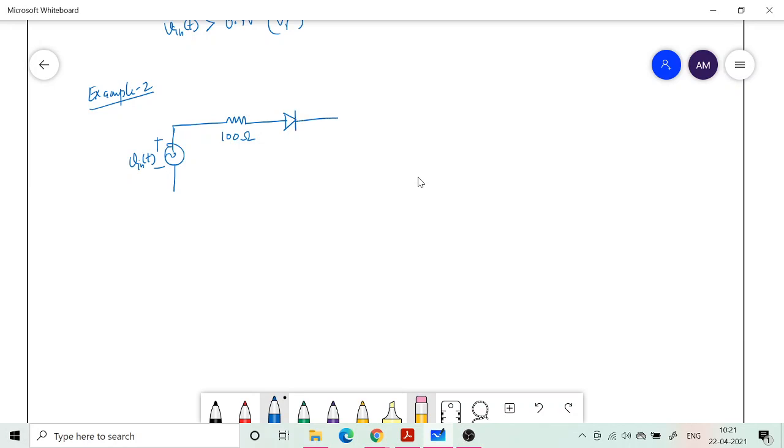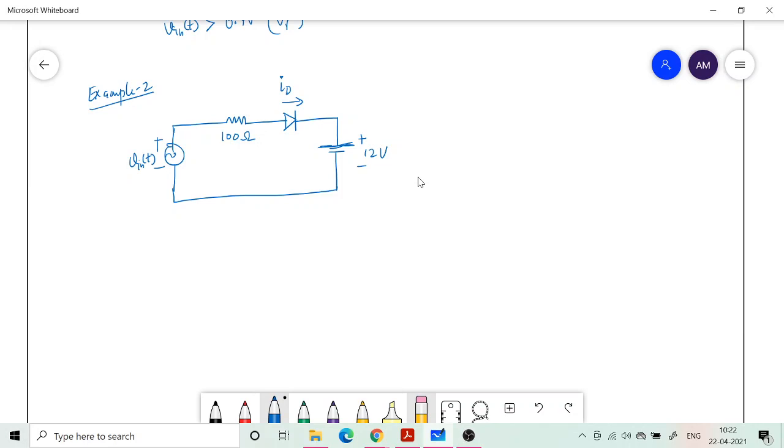There is a diode here which has some current ID, and then there is a DC voltage source of 12 volt. So this is the circuit that we need to analyze, and I should also give you the input voltage.